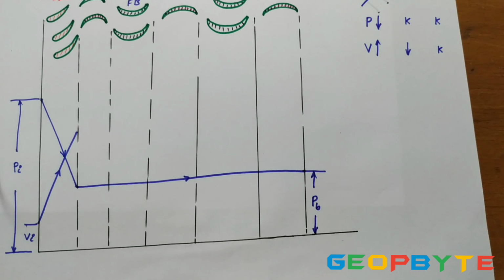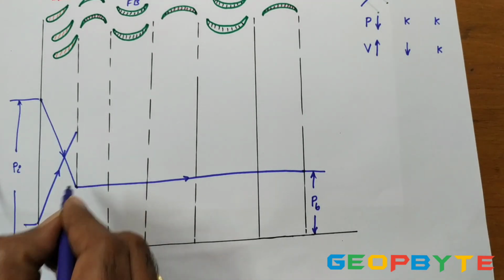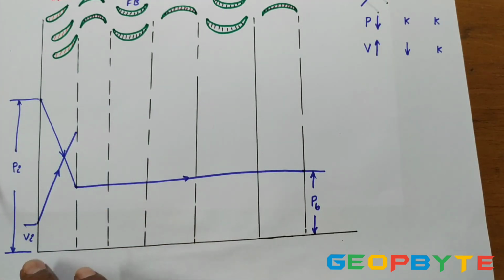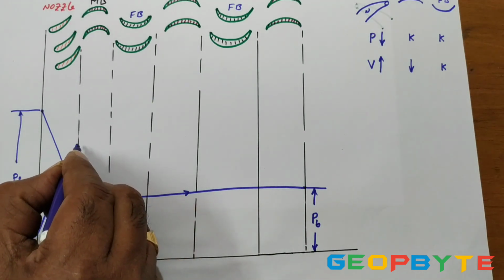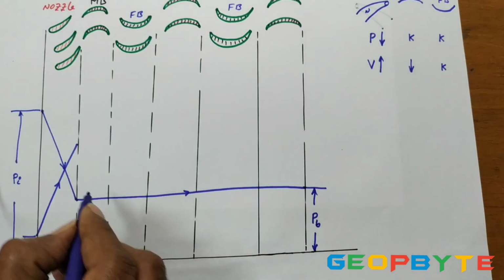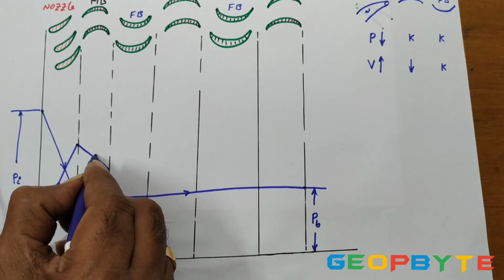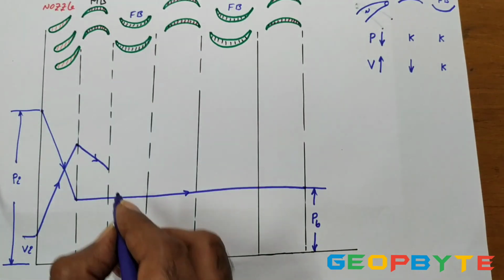It means in the case of the Curtis turbine, or velocity compounding steam turbine, the total pressure drop from boiler to condenser occurs within the nozzle only. Coming to the mobile blade section, while the steam is passing in the mobile blade section, the velocity is decreasing due to transfer of energy from steam to blade.